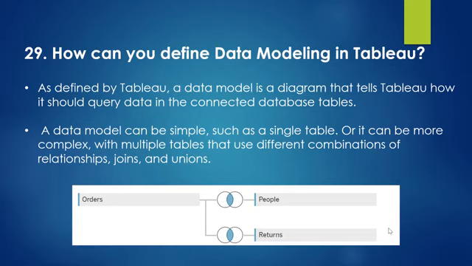And as you can see here in this image, we have joins between orders and people, and we have also another join between orders and returns. So a data model can have one table, for example, only orders, or a relationship between orders and people, or a union between different tables.